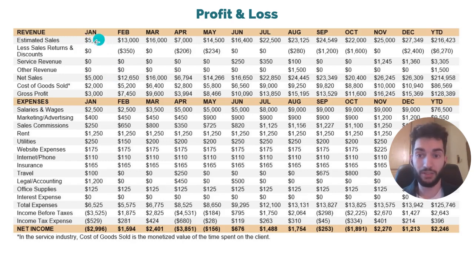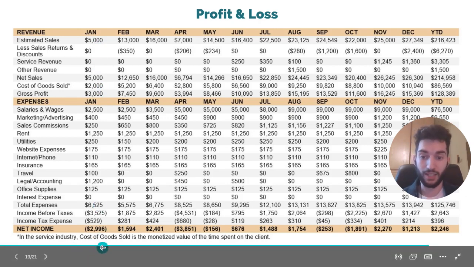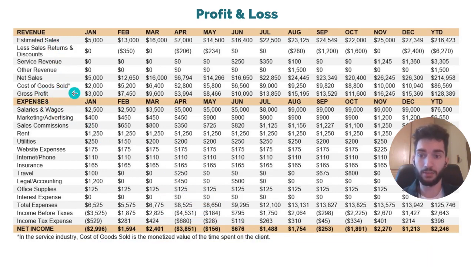My revenue is 5, but every time I make €5, I actually have to spend €1 to pay for the item from the factory. You might also have subscriptions, so sport businesses might fall under the service industry, and in this case, the cost of goods sold is the monetized value of the item spent on the client, right? This way, the estimated sales minus the cost of goods sold determines the gross profit, okay?